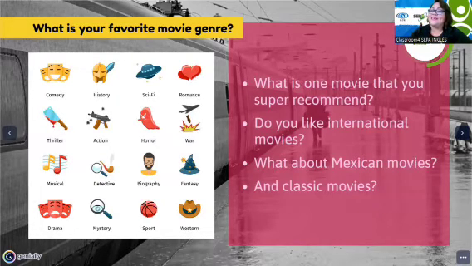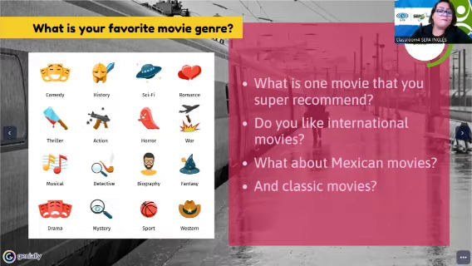Do you like international movies from other countries? Many people talk about the Japanese movies. They are interesting. Turkish, yes, Arabian. What about Mexican movies and classic movies? For example, I love the classic movies.